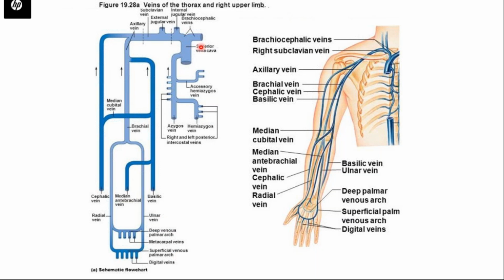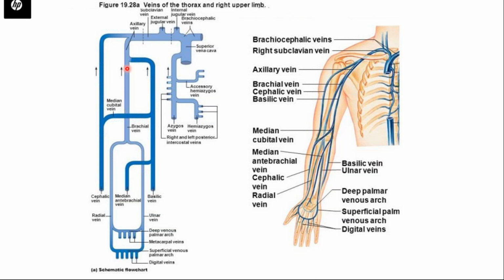In short, this is a schematic diagram showing the superficial and the deep veins. Here it is shown the opposite way: the superficial veins are shown in dark blue, whereas the deep veins are shown in light blue.